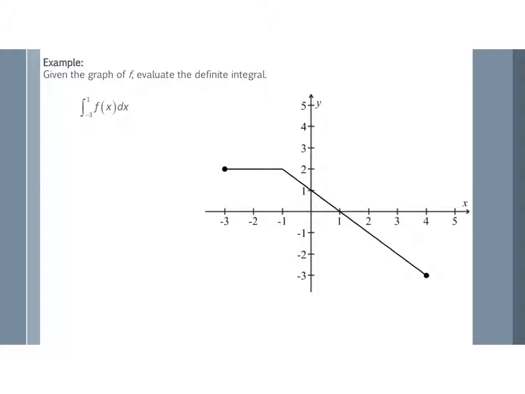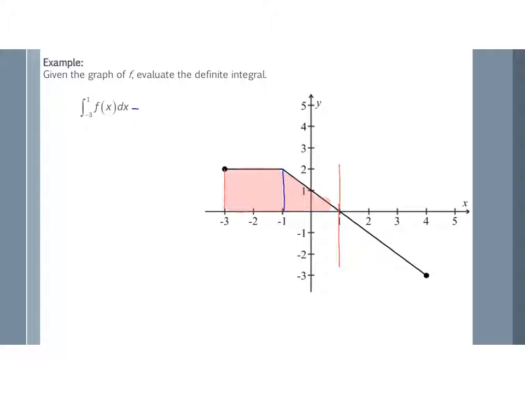Now if we look at the integral from -3 to 1, we're looking now at this region. Now, we've already found part of this area, part of this definite integral, that is, from -3 to -1.